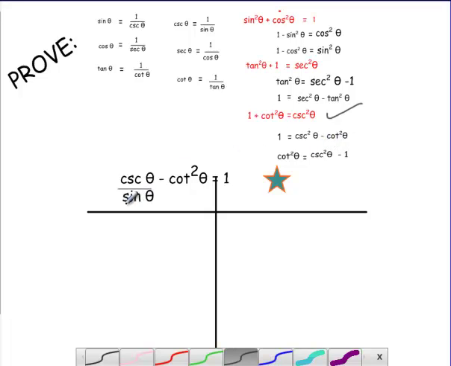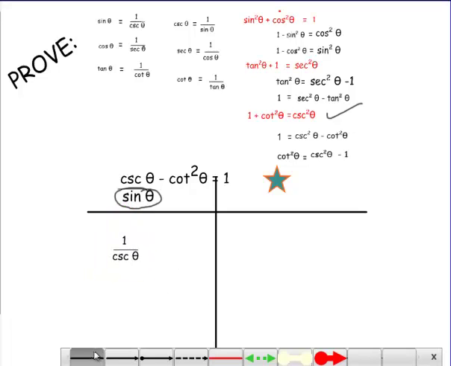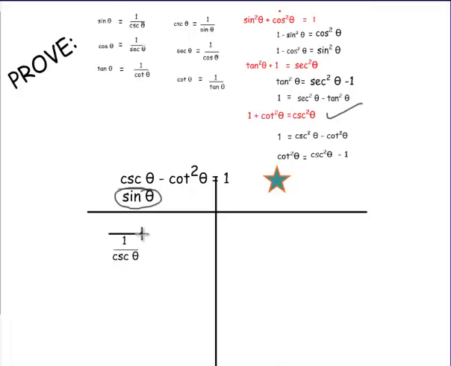Yeah. Because this sine right here, I'm going to replace with 1 over cosecant. Up top, I still have my cosecant. And then I have the rest of my problem, minus cotangent squared.